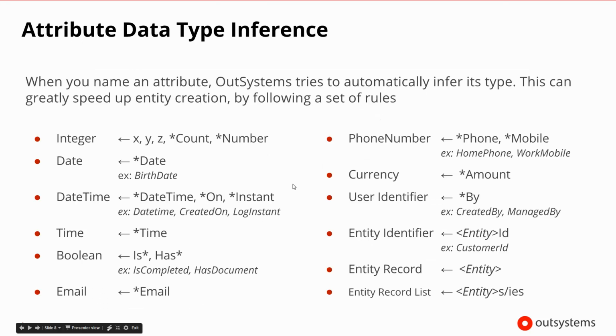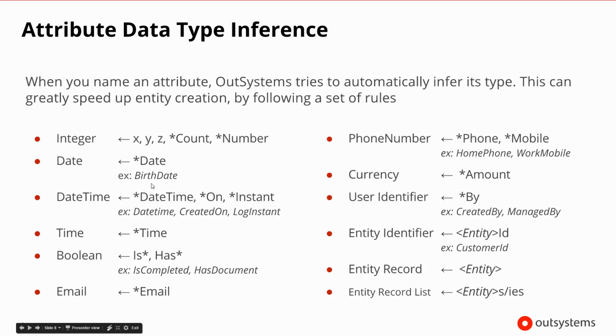Now, when we're defining an attribute, if we give an attribute a name, OutSystems will try to infer the type for you. By default, it will give it a text type if it can't figure it out. But if it can figure out something from the way you have named your entity, it will do that. So if you give some sort of name with a count at the end or a number at the end, it'll turn it into an integer.